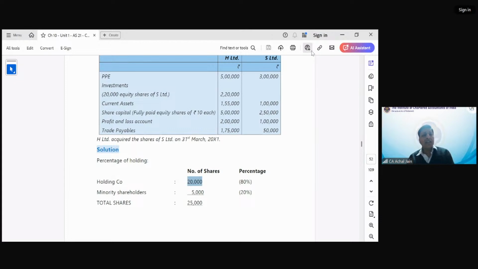Bhavna is saying, for calculation of minority interest, share capital and P&L, both 20% calculating. See, Bhavna, I think the part that we just discussed before these questions, didn't we solve a lot of questions around the minority interest? Did we do that or not?